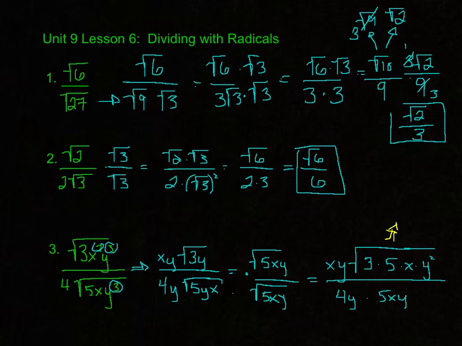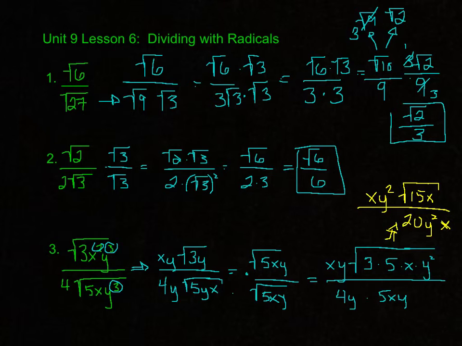So let's see how it looks all together. So I have another y out, so now I have y squared, and then whatever's left inside. So 15, and then that x. Over, and now I have this 4 times 5, 20, y times y, y squared, times x.